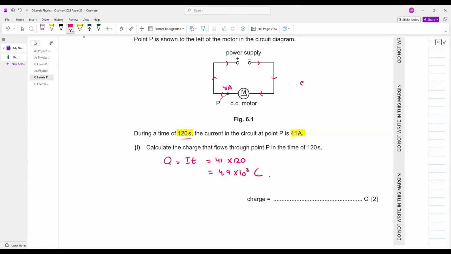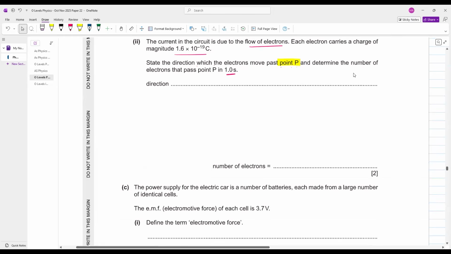ये बात याद है. Electrons always move from the negative to the positive terminal. What will you say? P से किस तरह मूव करेंगे? How do they move past P? You will say they move towards the positive terminal.